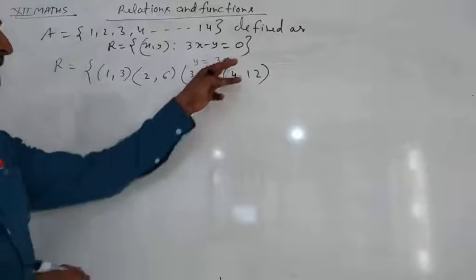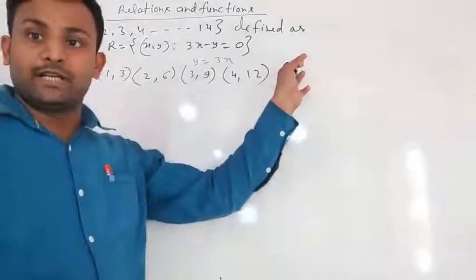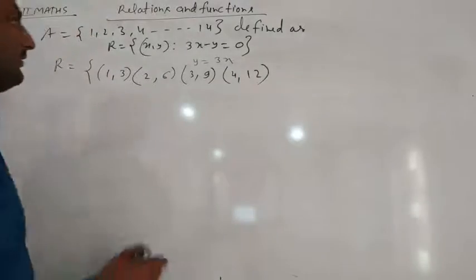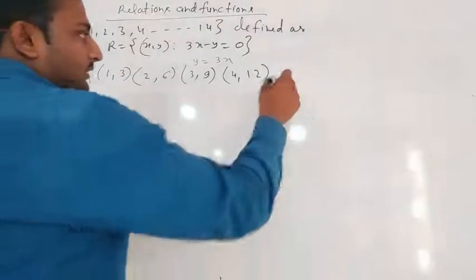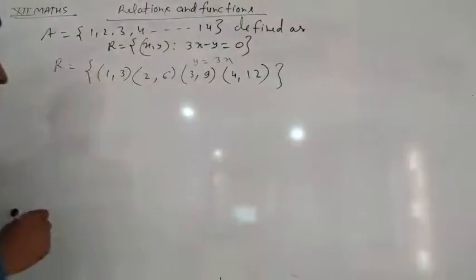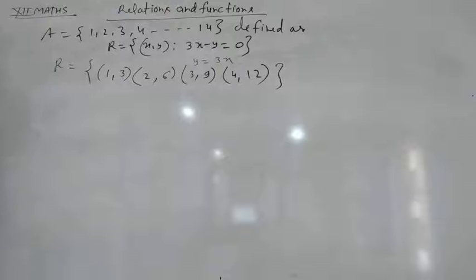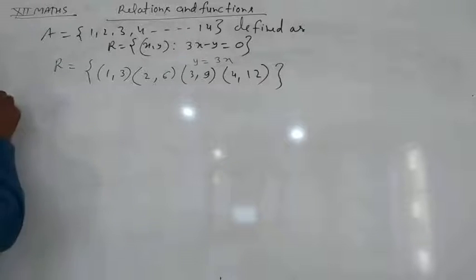If we take 5, then we get 15, and 15 is not lying in the set. So the relation is {(1, 3), (2, 6), (3, 9), (4, 12)}. Now, on the basis of this relation, we check reflexivity.